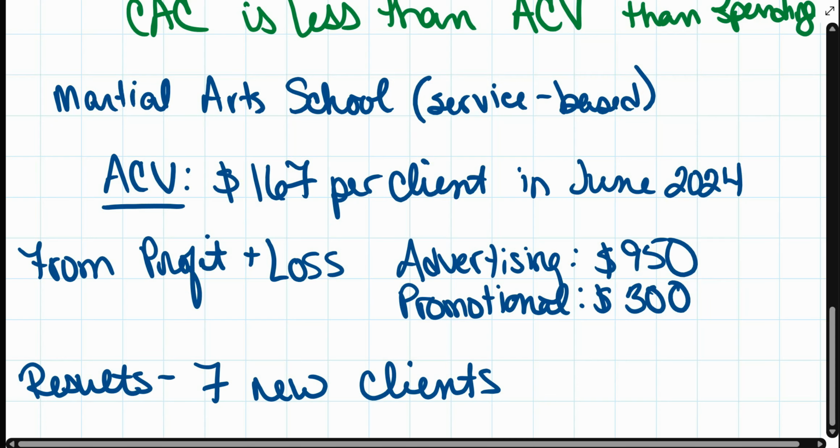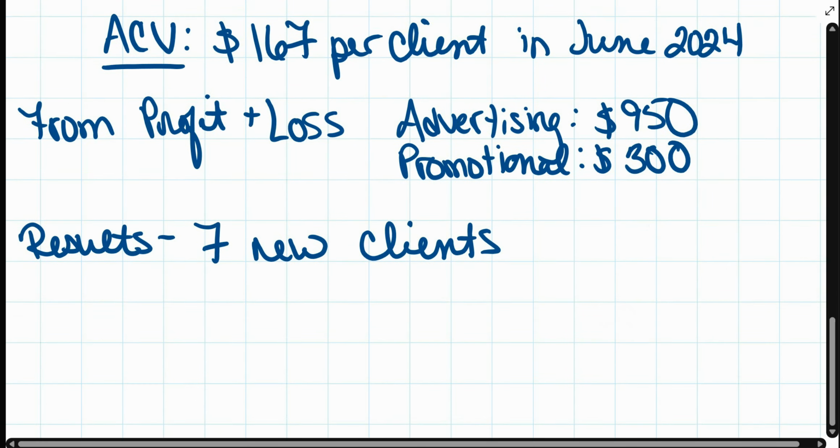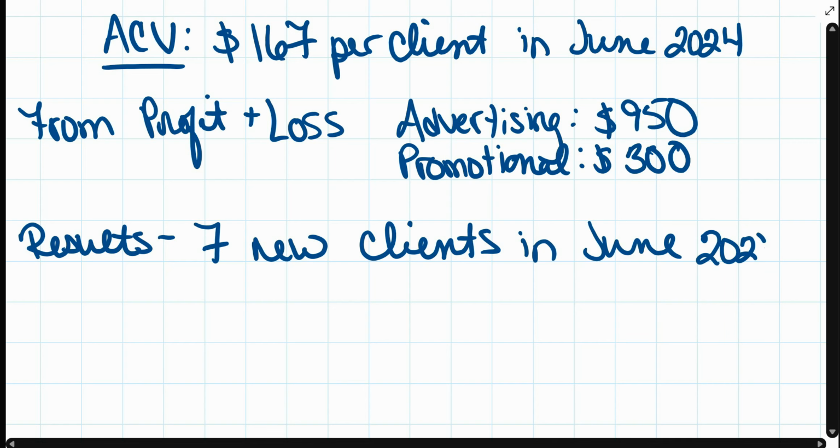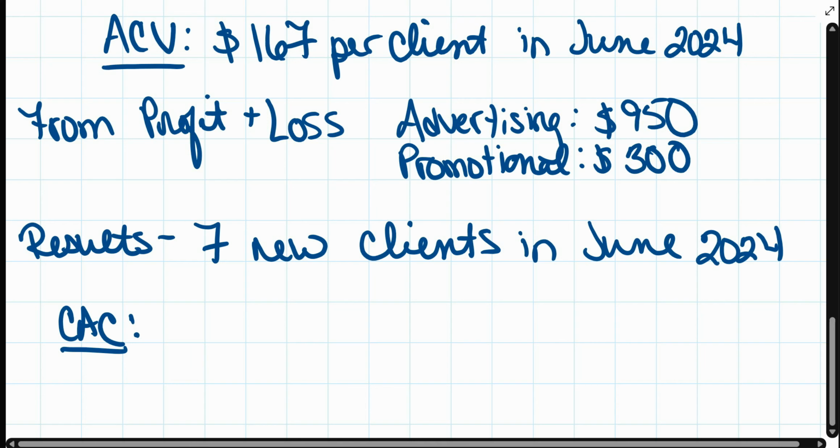Right? So let's take a look at this. We already know that the average client value for that month, in June of 2024, was $167. So let's take a look at what their client acquisition cost was. They had $950 and $300, which came out to $1,250.